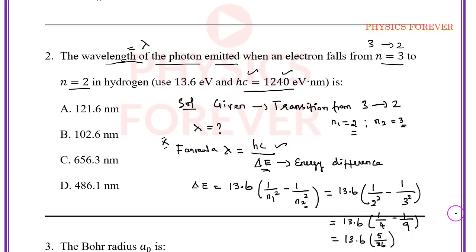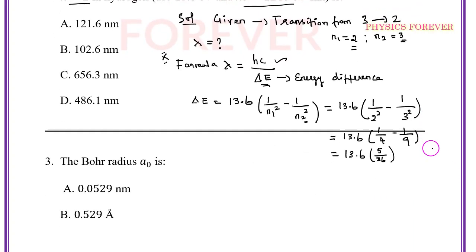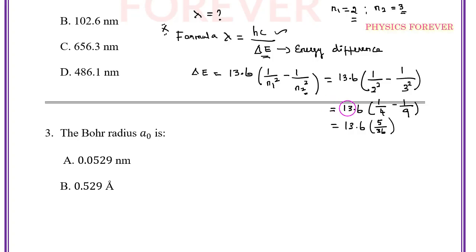Okay, so if we solve this, we get the answer 1.8889 electron volt. This is the energy difference. So from this formula, hc is given, and del E we have found.